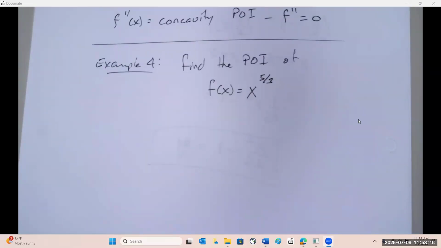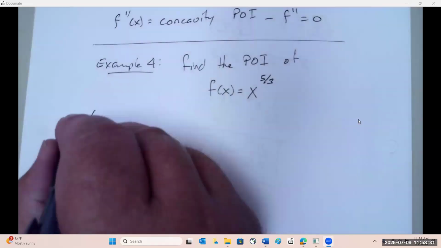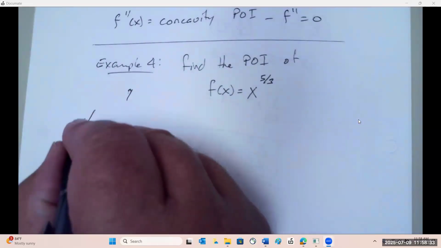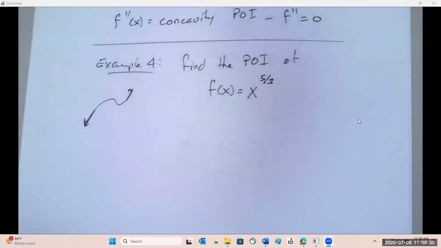Is it increasing or decreasing? It's increasing. Do the ends point the same direction or opposite directions? Opposite because it's an odd exponent. So we know the graph will look something like this. So we're looking at something like a cubic function.